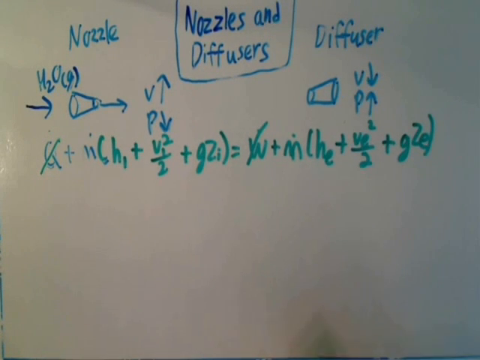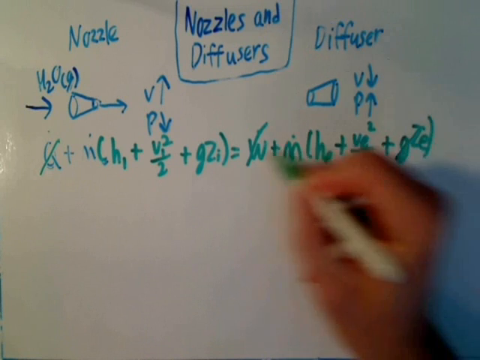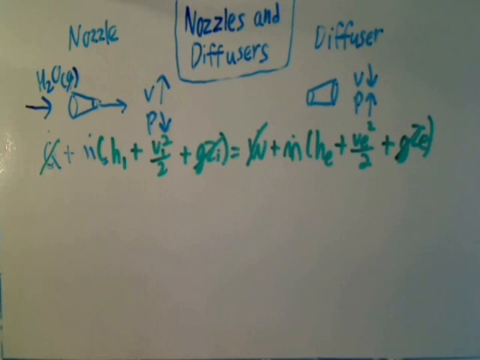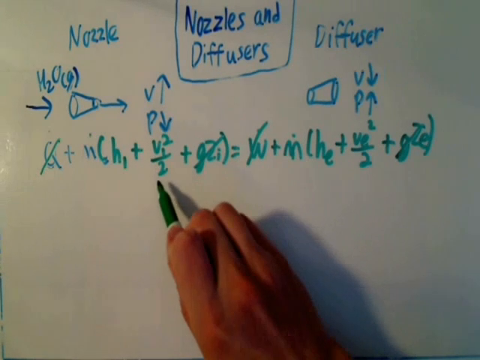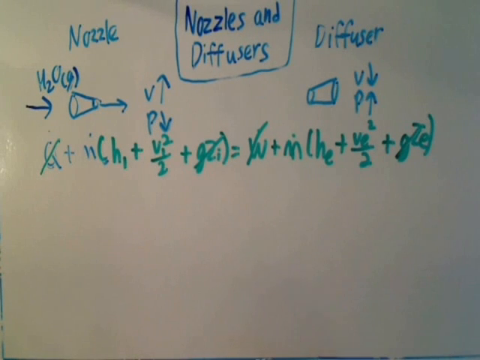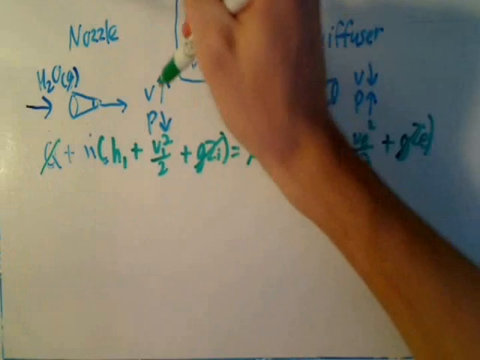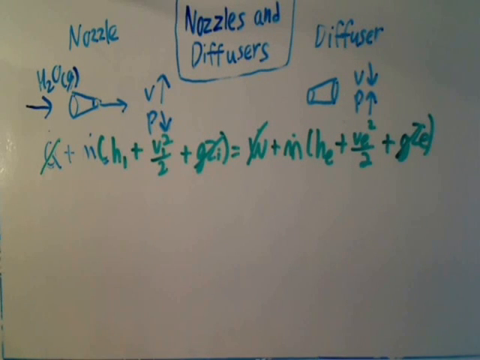The next one is that the change in potential energy really isn't that big either. Again, there might be a problem where you have to take that into consideration, but not usually. And even then, changes in kinetic energy really aren't that big, even though we're going to be greatly changing the velocities. In the practice problem at the end of the video, we're going to take it into consideration just to show you how small it really is, even when we really increase the velocity.